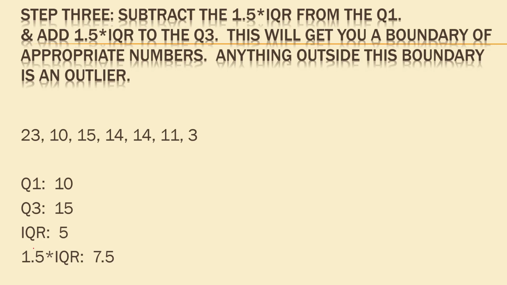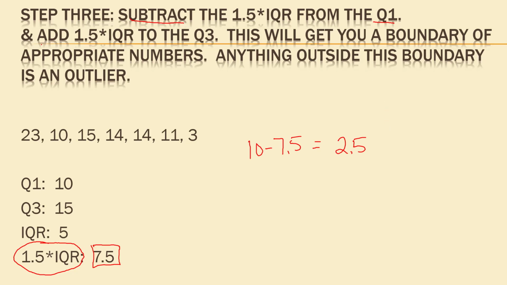In this particular problem, the 1.5 times the IQR of 5 gave us 7.5. That's the value we are going to subtract from Q1. So 10 minus 7.5 is 2.5.